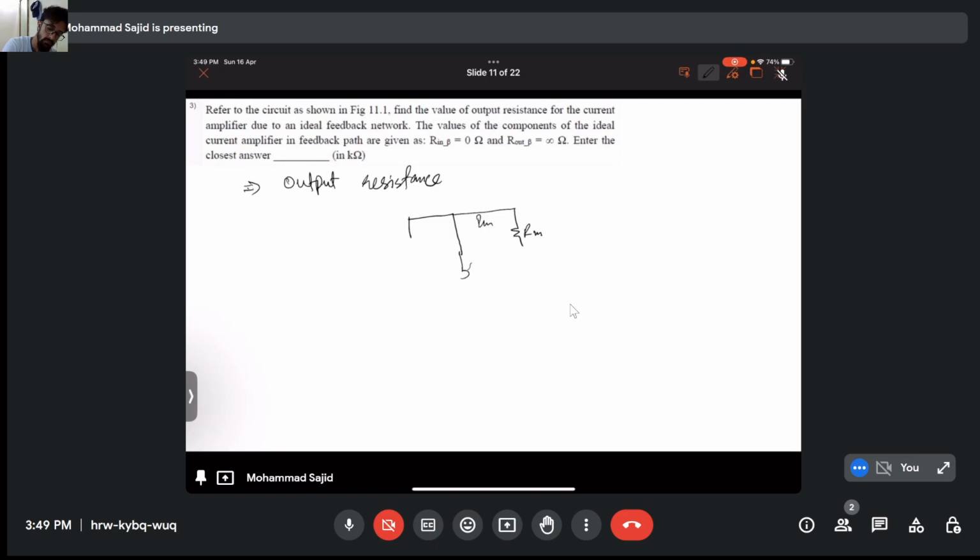Since we are connected to the feedback, we have to consider the input circuit as well. Otherwise, in calculating the output resistance, we don't consider it. But here we have to. This is another equal to 0.